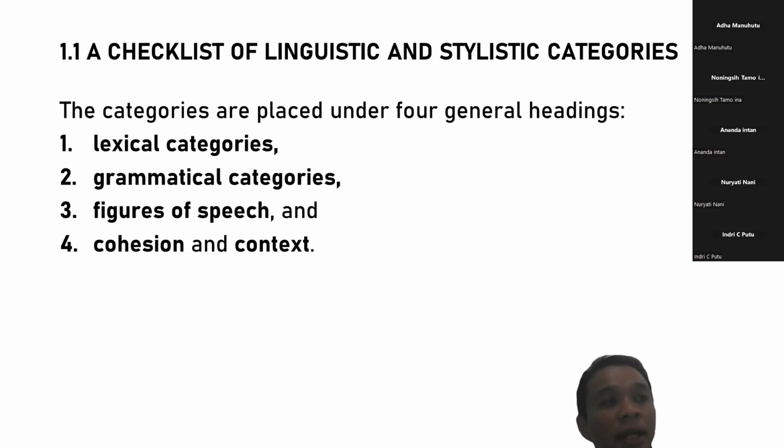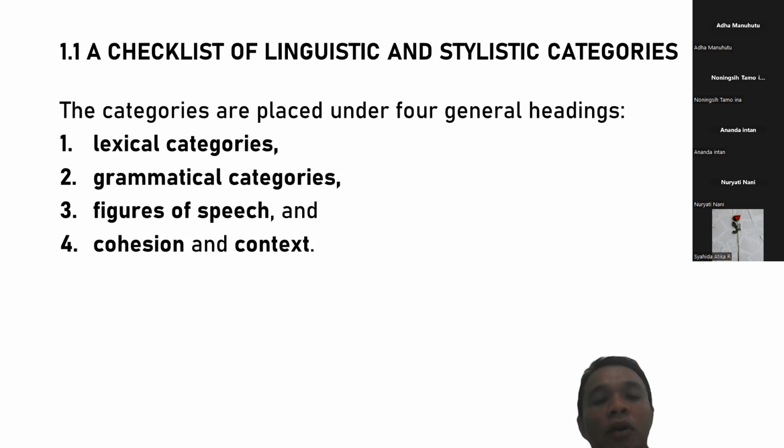So lexical categories are about the lexical words. Meanwhile, the second one, grammatical categories, is about the grammatical words, or the grammatical meanings. The first one could be related with the lexical meaning. The third one, figures of speech, is related to the appearances of speech.